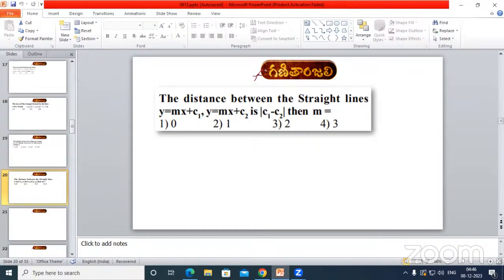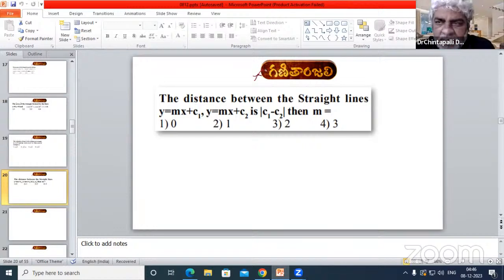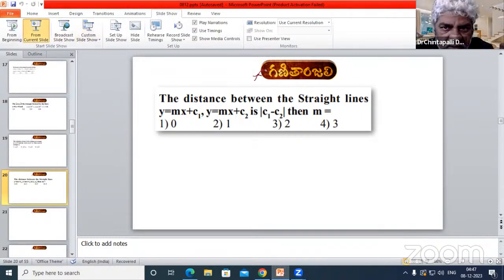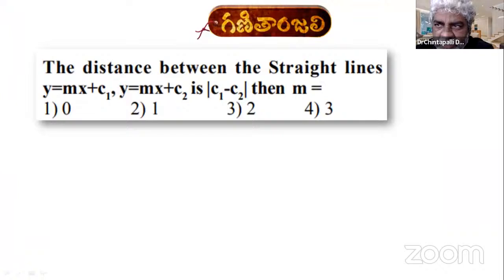May I prepare a test from the questions which we discussed only? I'm preparing a question paper on straight lines. Okay, I'll try, sir. Yeah, try, you can do it. And next, would you like to start permutations and combinations and probability in that series? Yes, sir.